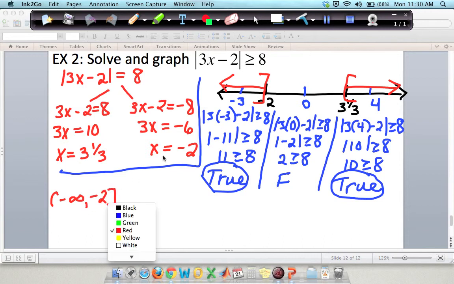And then to show the other region, I use the union symbol to show its union with this other piece, which is bracket 3 1/3. And then this goes on to infinity with the parentheses, and that's our solution.